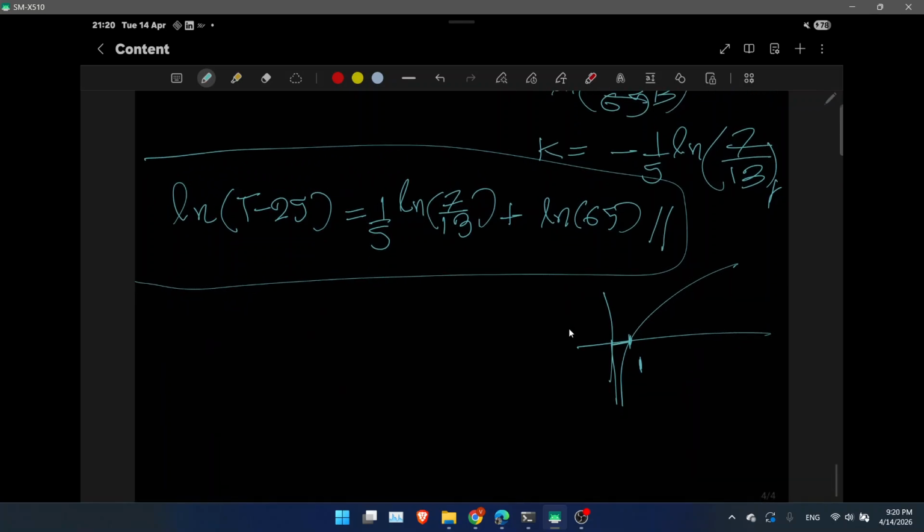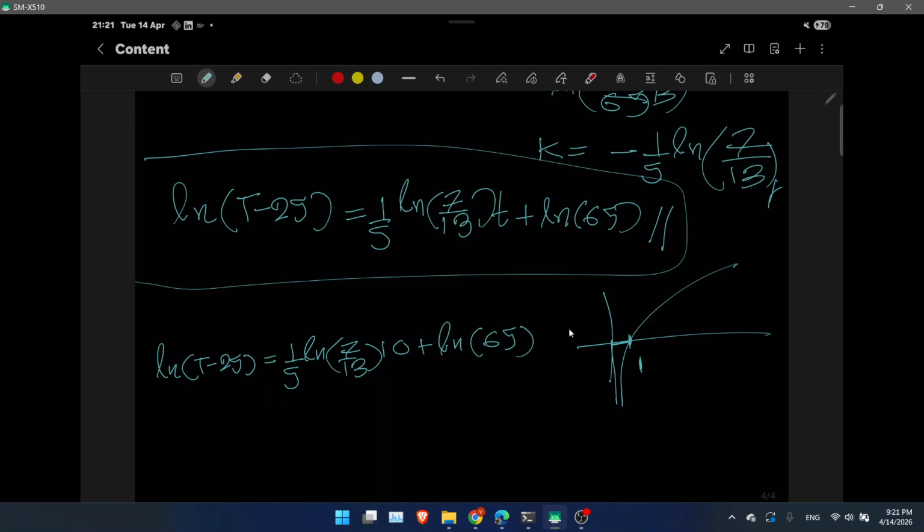So finally what they ask is the temperature after 10 minutes. So after 10 minutes means, sorry, t is equal to 10, and you find the value. So let's do that. Then ln of T minus 25 is equal to 1 over 5 ln 7 over 13 times 10 plus ln 65.